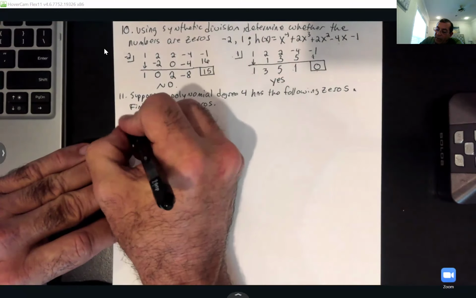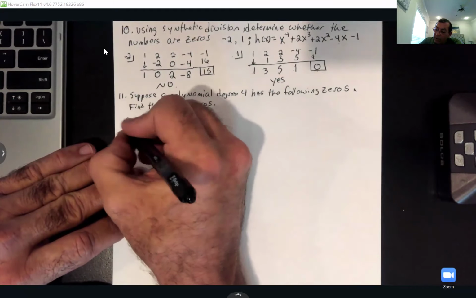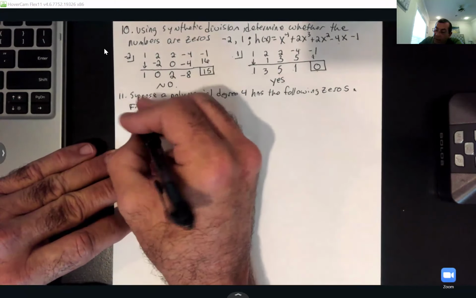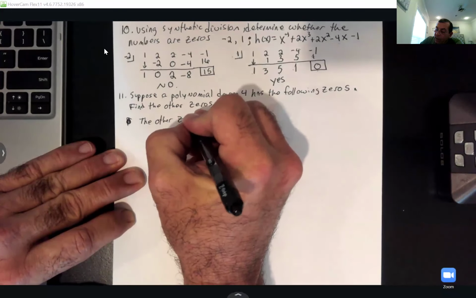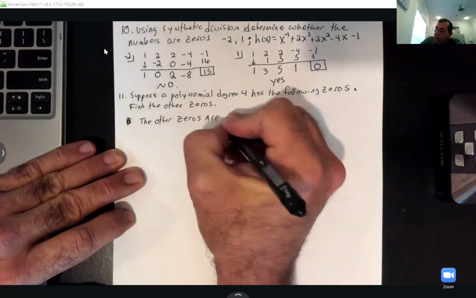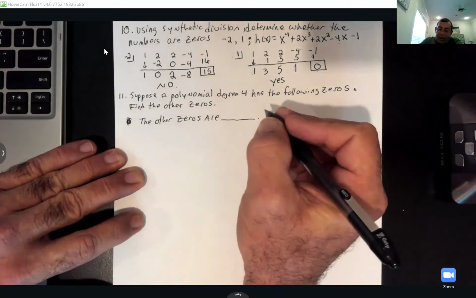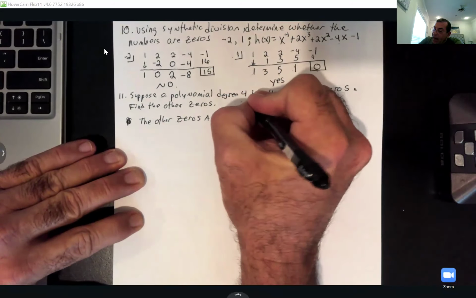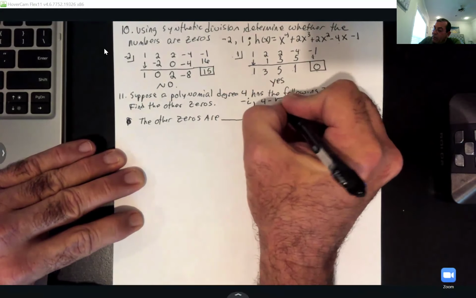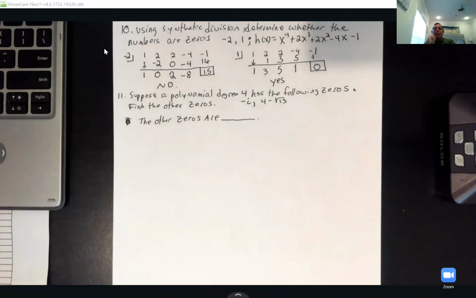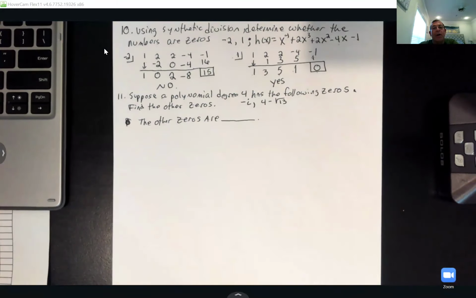So our answer will say the other zeros are blank. Now, they're giving me -i and 4 minus the square root of 13. They're giving you 2 of the zeros. What I need are the other 2. So what do y'all think?